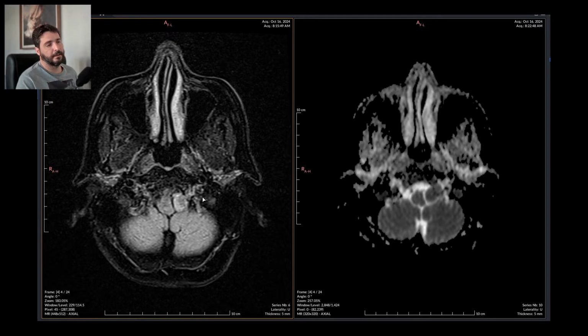Luckily, these kinds of small meningiomas usually don't bleed, they just grow and grow and grow slowly, and this patient is already 77 years old, so she probably will not see an event like that.